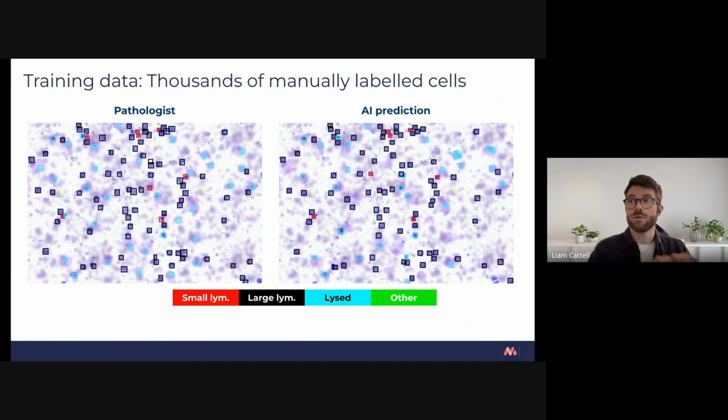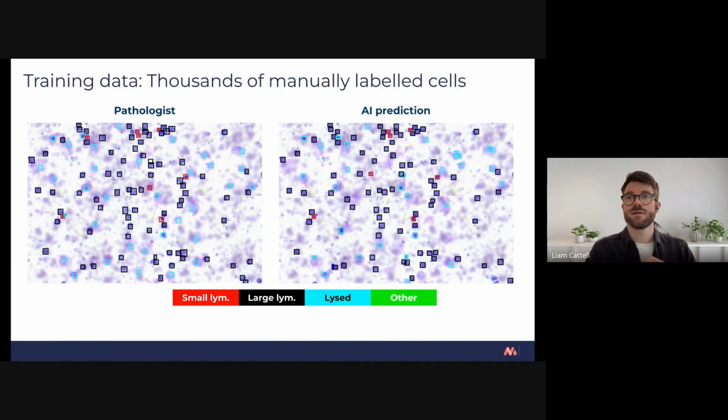So I'm showing an example of one of the fields here with the small lymphocytes marked in red, large lymphocytes marked in black, lysed cells in that cyan color, and other cells all just lumped together here, I'm showing with green. But you can see the pathologist and the AI prediction here look fairly similar to one another. It's kind of a fun game of spot the difference, but for the most part, they are very, very similar.